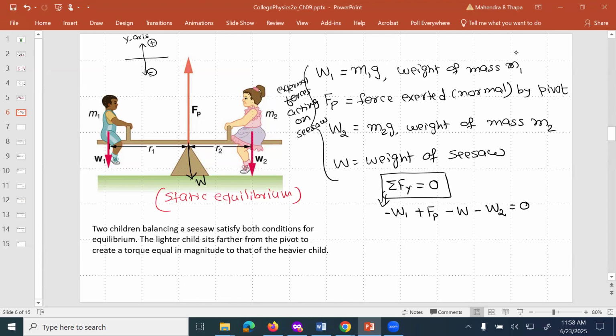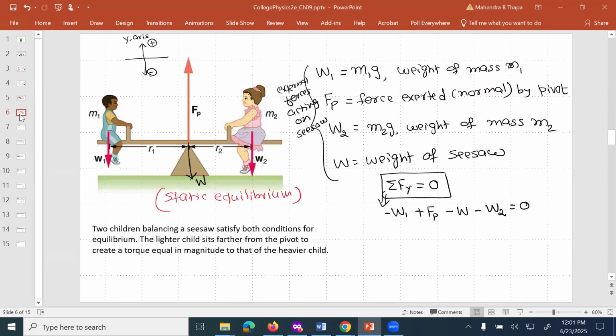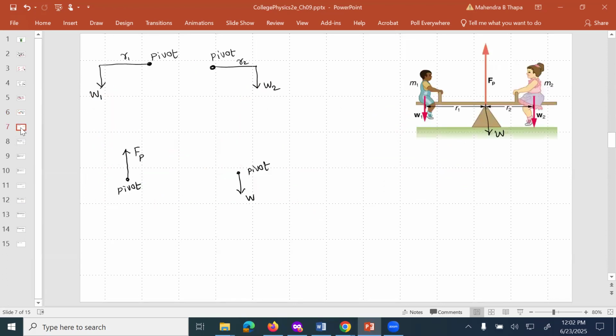Next, let's use the concept of torque. We have to analyze the total torque exerted by each force. Okay, so let's consider each force one by one. Just consider a force like W1.